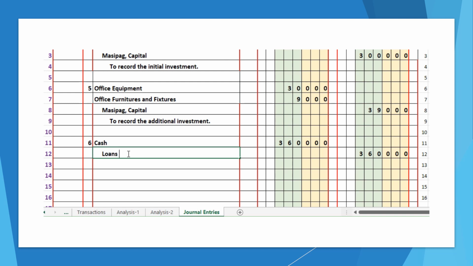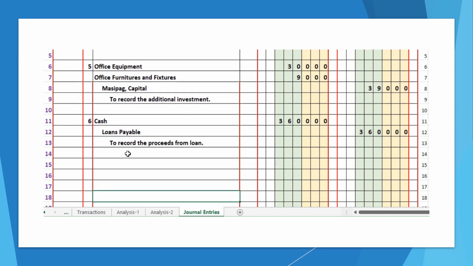And then our explanation is to record the proceeds from loan. Okay. As simple as that.